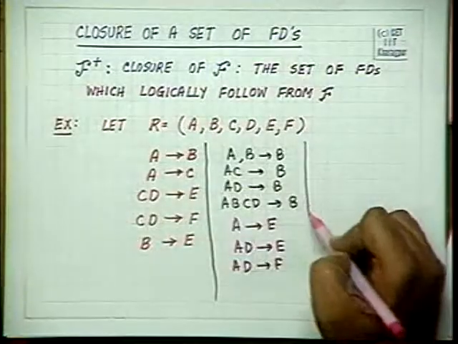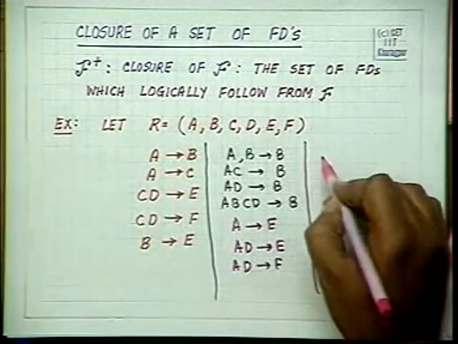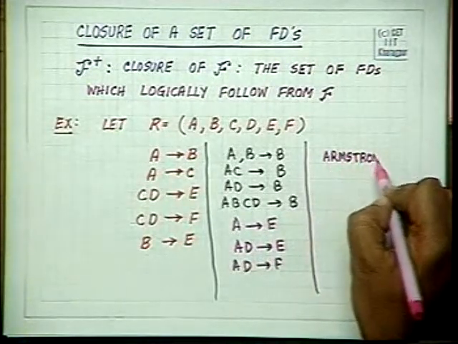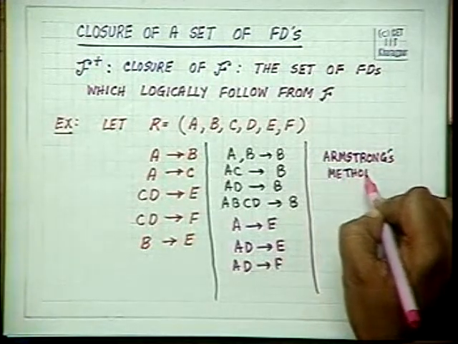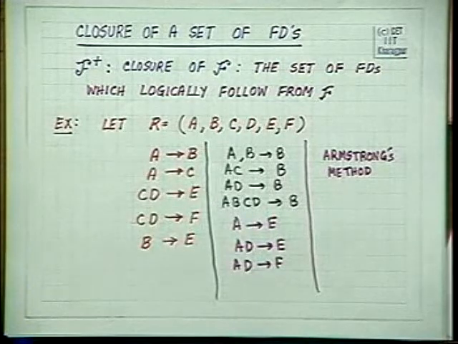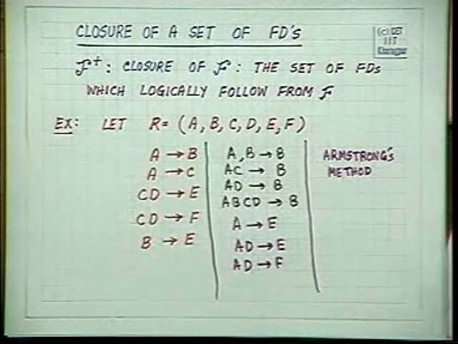In fact, there are many algorithms to compute the closure of a set of functional dependencies, and we have with us a mechanism called Armstrong's method to compute the closure of a set of functional dependencies.